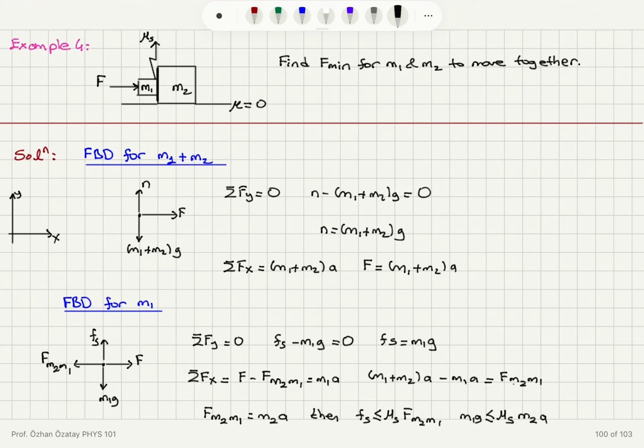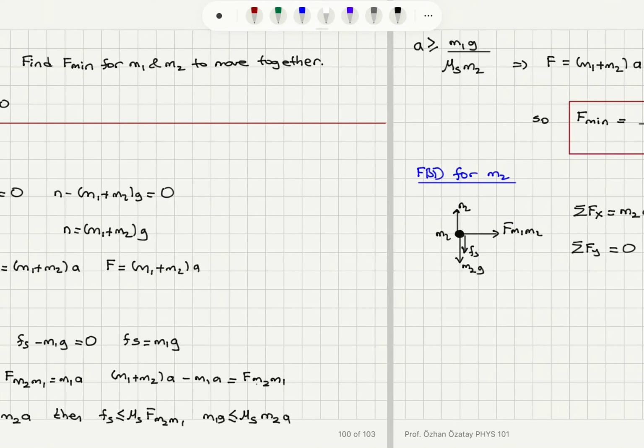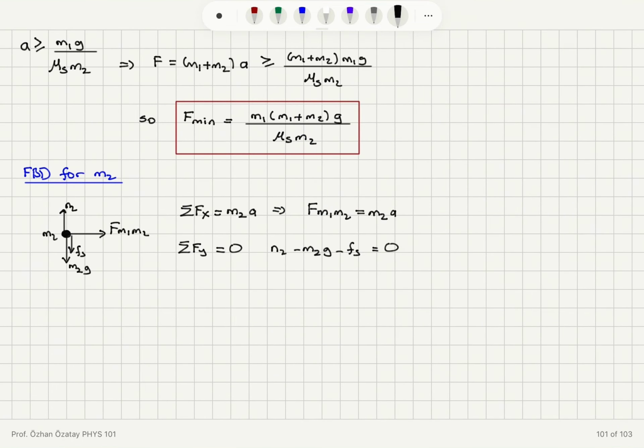The static friction is m1g, that was found from the free body diagram for m1. So this is basically going to tell us N2 minus m1g minus m2g equals 0. So the normal force N2 must be equal to (m1 plus m2) g.